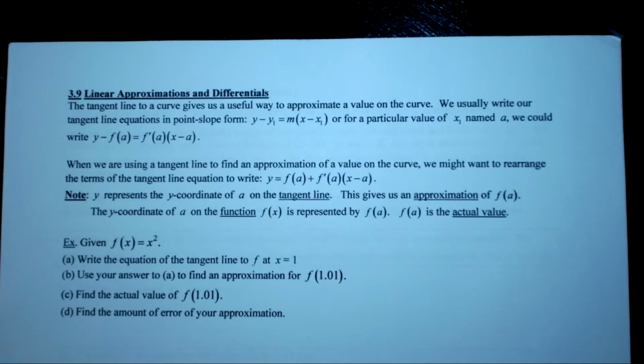Okay, so I get asked this question a lot: basically, what's the point of doing these approximations? Well, back in the day when you didn't have calculators and it was a pain to calculate exact values, say you had some really nasty equation.